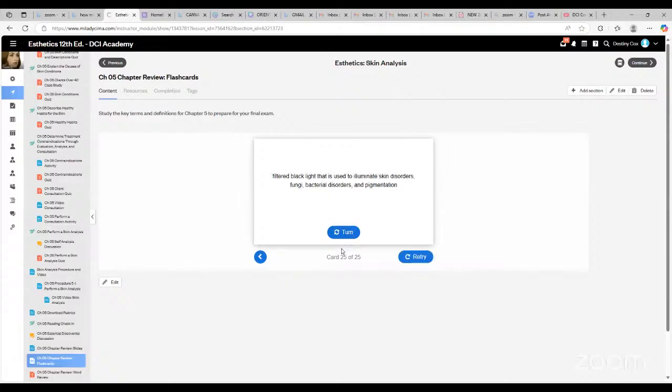Filtered black light that's used to eliminate skin disorders. So it allows you to see what's going on with the skin, fungal bacterial disorders, and pigmentation. All right. That was 25 terms for aesthetics, and we're done right at 7:02.